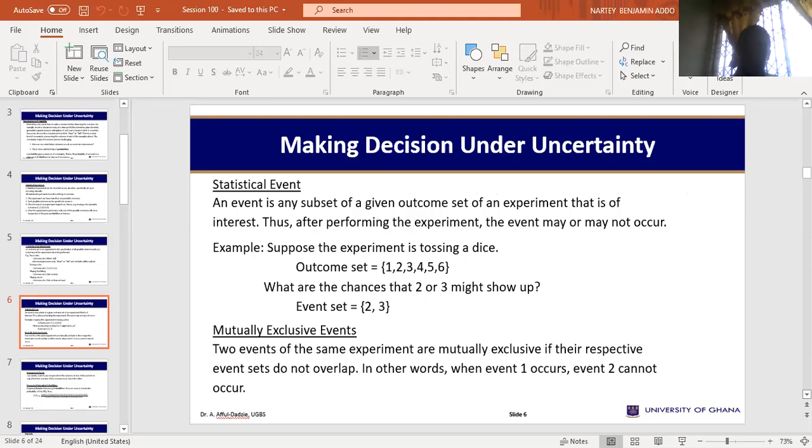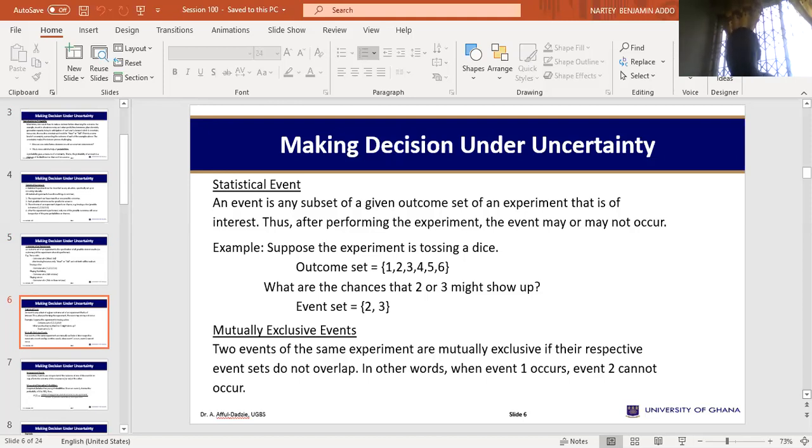Now, let's take note that probability actually helps us to take decisions in an uncertain environment. So we try to assign numbers to the event or the probability. And these numbers range from 0 to 1, with the 0 and the 1 inclusive.